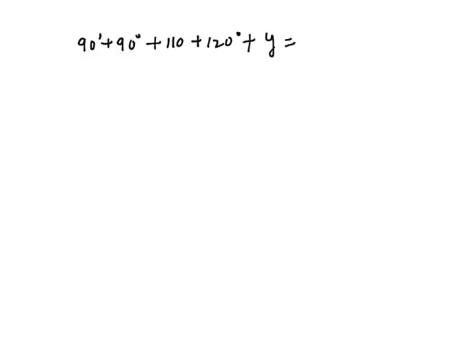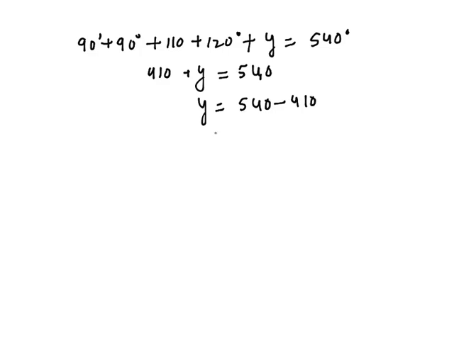We can equate it with 540 degrees as the sum of interior angles of a pentagon is 540 degrees. Now we can add all of these. When we add all these, we get 410. 410 plus y equals 540. Right, now y will be equal to 540 minus 410, that will be equal to 130 degrees. It means we have y as 130 degrees.